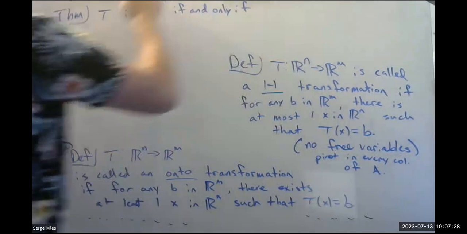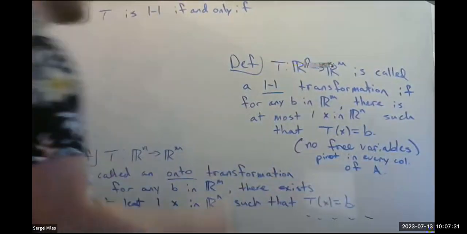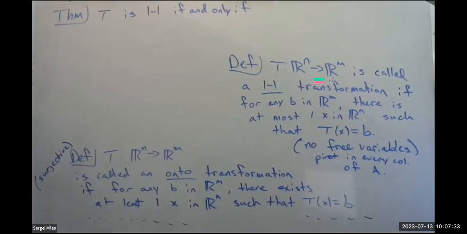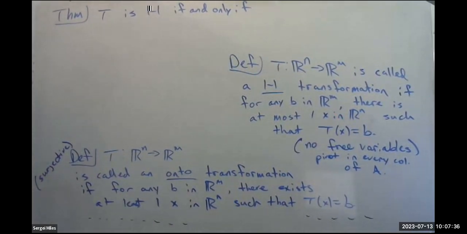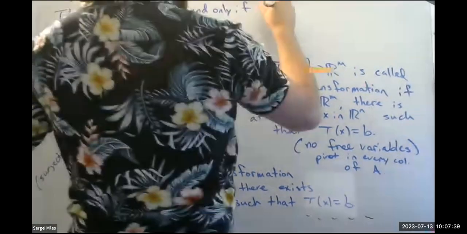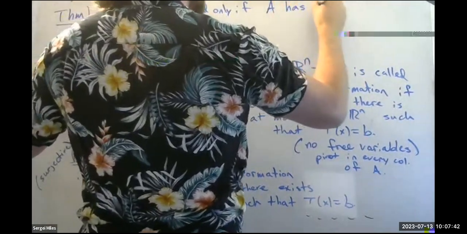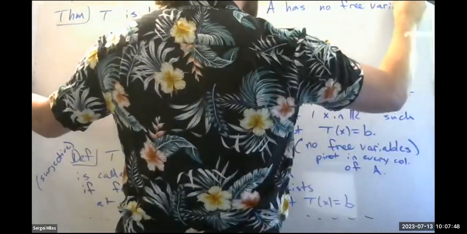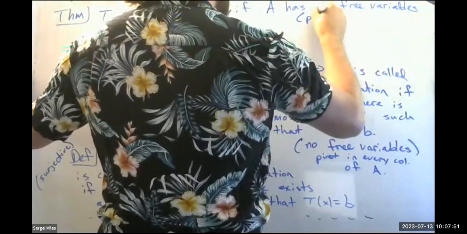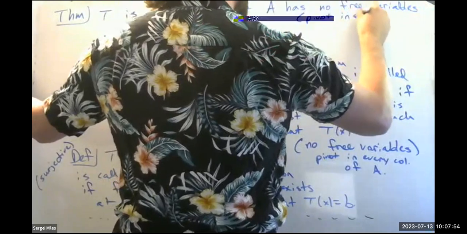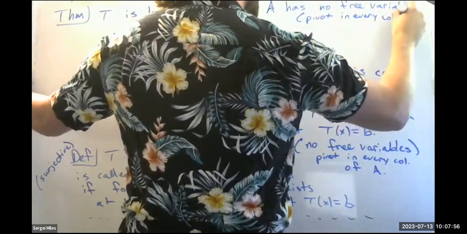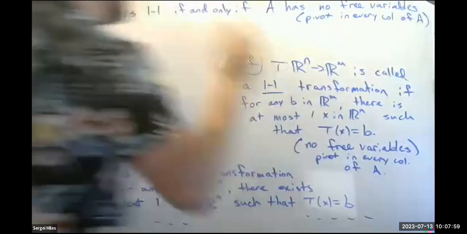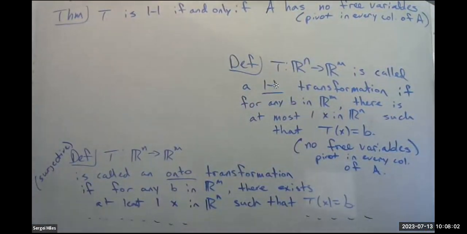Since in order to guarantee there are no multiple solutions, there must be no free variables, T is one-to-one if and only if A has no free variables. In other words, a pivot in every column of the matrix A. This is not the augmented matrix; we're talking about the standard matrix.